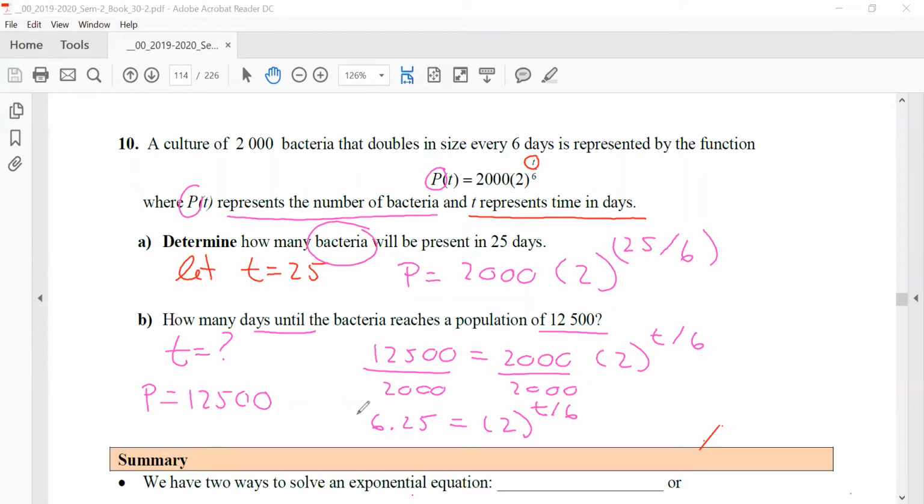Now, I can't make those bases the same. So what I'm going to do is graph that. So I'm going to my calculator. Y1 equals 6.25. Y2 equals 2 to the exponent t over 6. I hit graph.